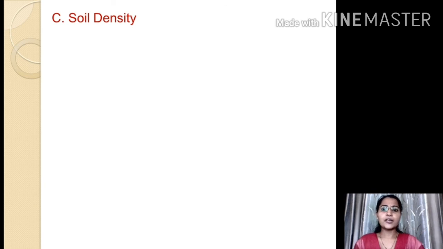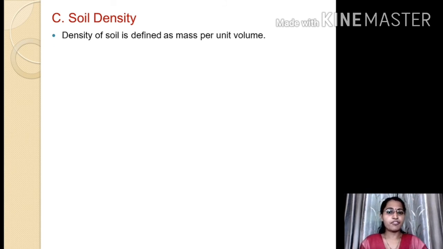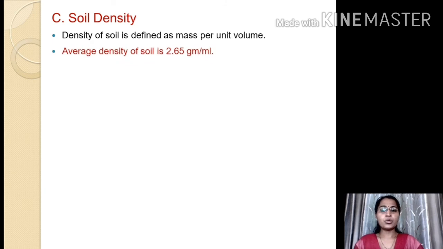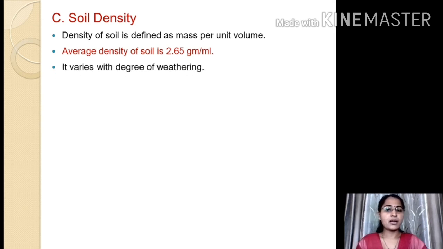Now see the third point, soil density. Density of soil is defined as mass per unit volume. We know the average density of soil is 2.65 gram per ml. This soil density varies with the degree of weathering.